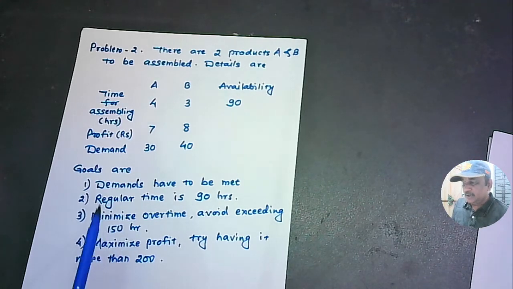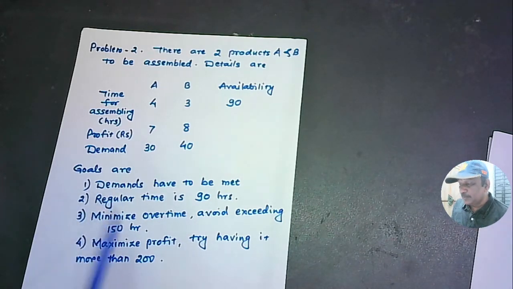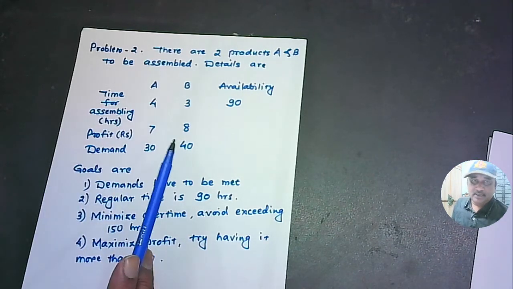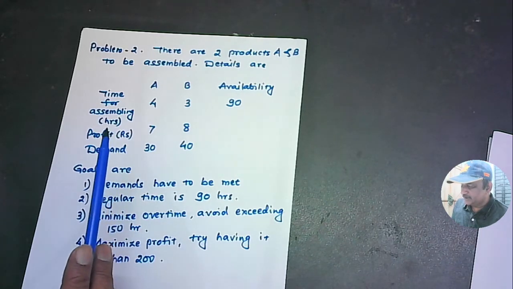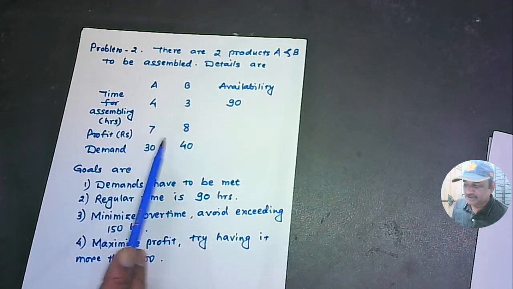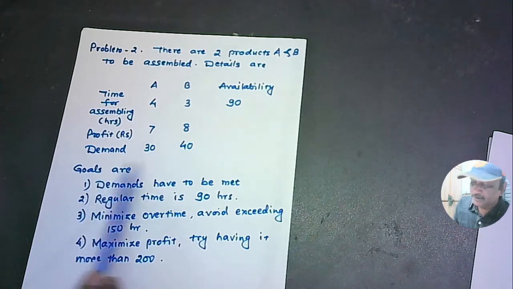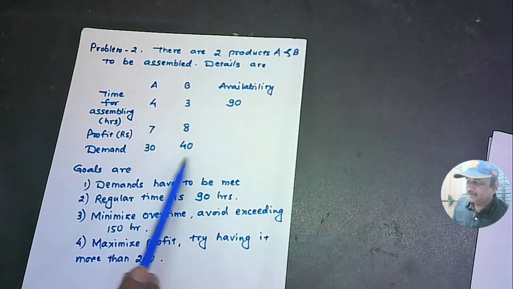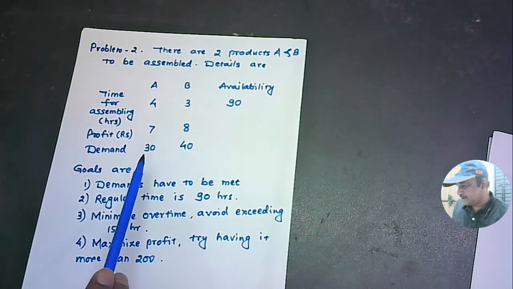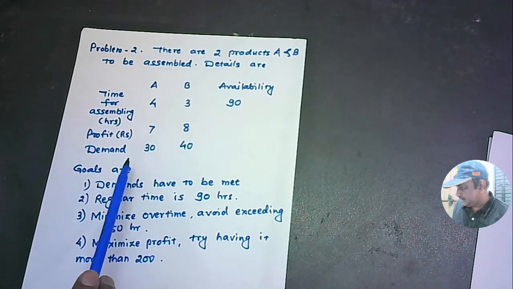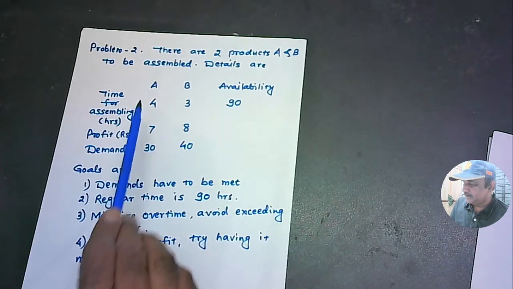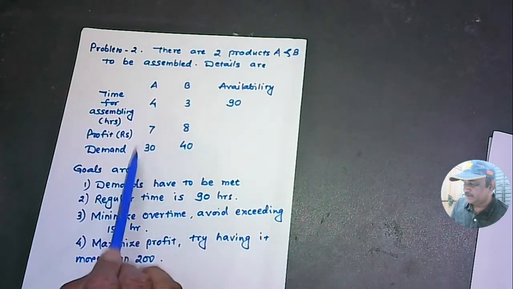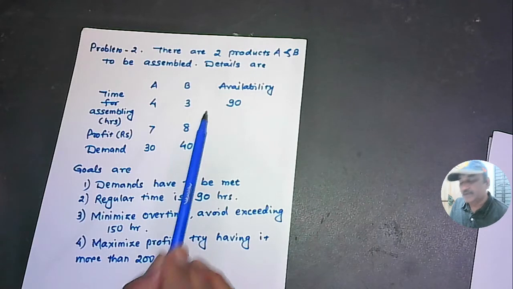Now you may believe that if you want to produce item A and item B, it requires 4 hours for assembling A and 3 hours for assembling B. Now the demand is 30 and 40. So by looking at the problem, you know that total time required for completing the order is 4 into 30, that is 120, and 3 into 40, that is 120 again.